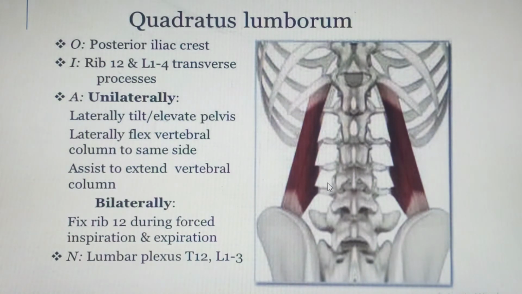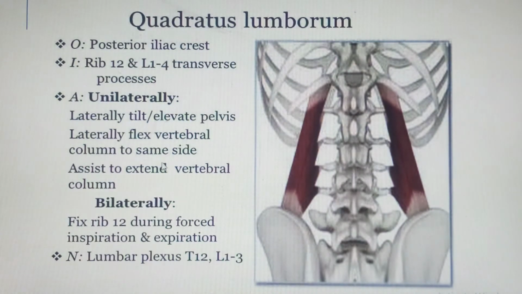So remember that if only one side contracts, then it laterally tilts the pelvis. And again, it laterally flexes the vertebral column to the same side, and also assists to extend the vertebral column.